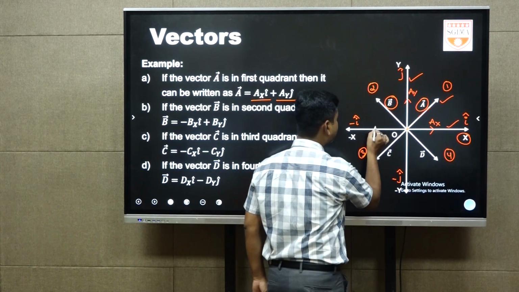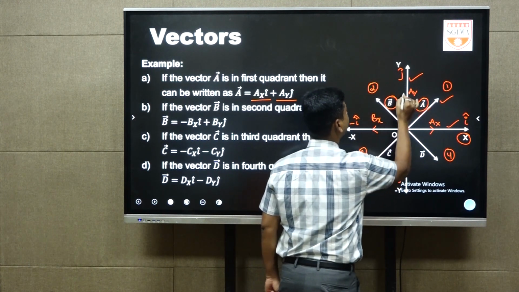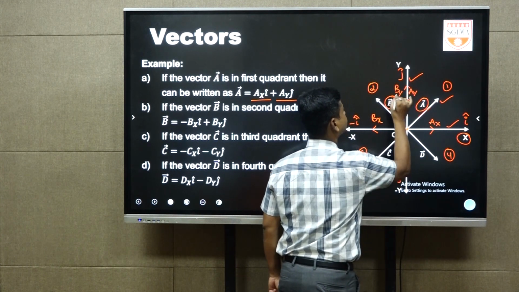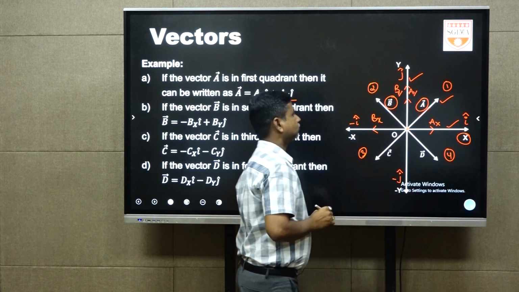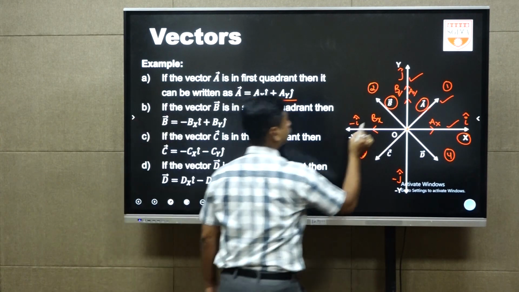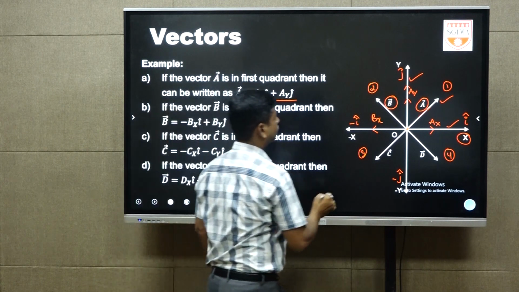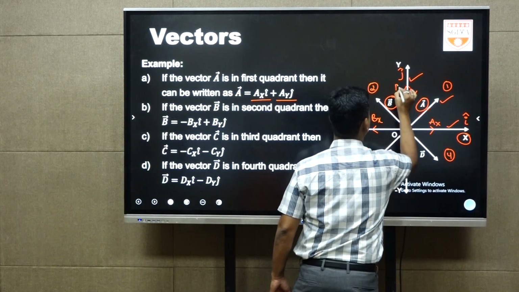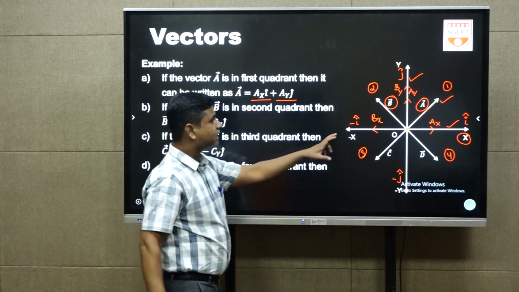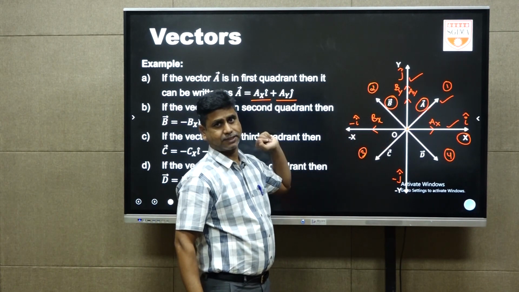Here one component we can take left side, it is Bx. One component we take along the positive y direction, it is By. Then Bx is acting in which direction? Observe in the diagram. Bx is acting along the negative x direction.